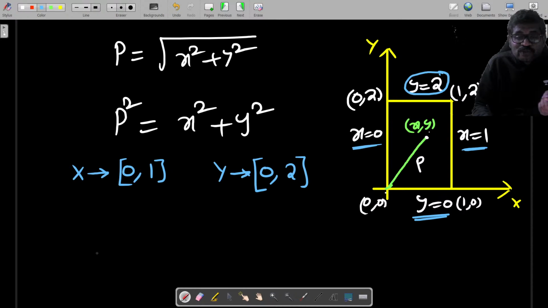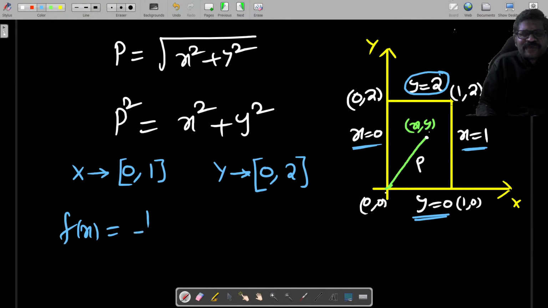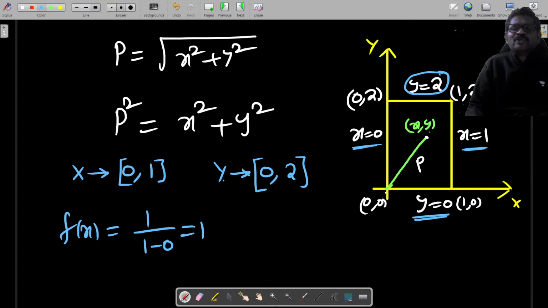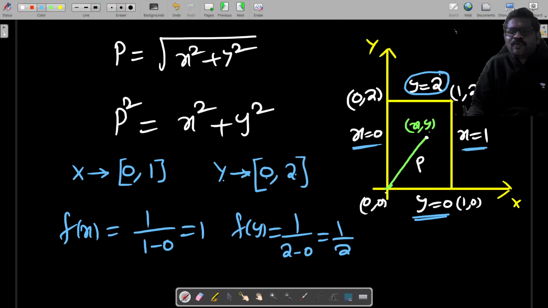When x follows uniform distribution in the interval 0 to 1, f of x is given by 1 by beta minus alpha, that is 1 by b minus a, 1 minus 0, that is 1. When y follows uniform distribution in the interval 0 to 2, f of y is 1 by beta minus alpha, 1 by 2 minus 0, 1 by 2. Now f of x is 1, f of y is 1 by 2.